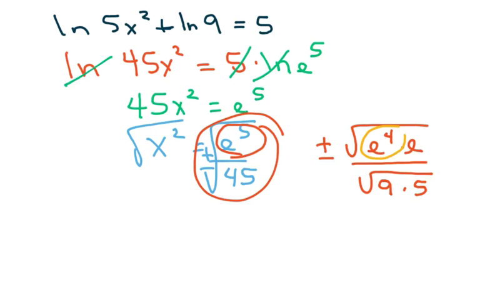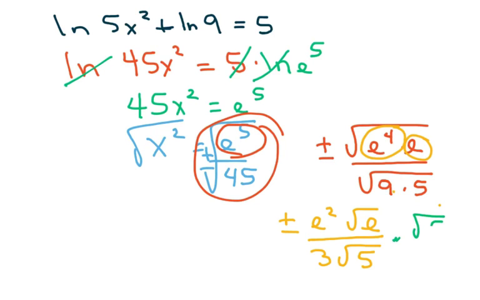Because I can take this out. Square root of e to the 4th is e squared, but I'm still left with square root of e on the inside. And in the denominator, square root of 9 is 3, but I'm still left with 5 on the inside. And to rationalize the denominator, you just multiply by square root of 5 over square root of 5.